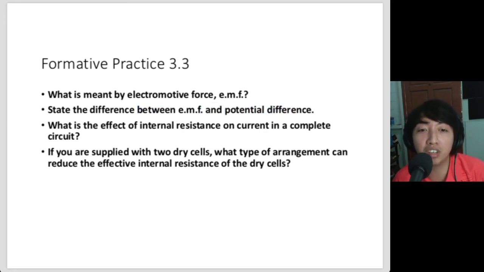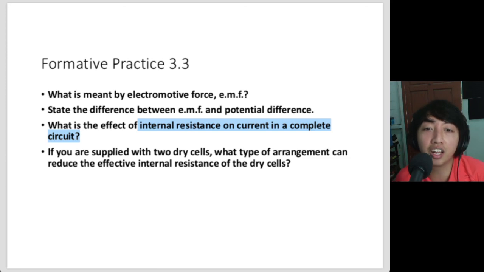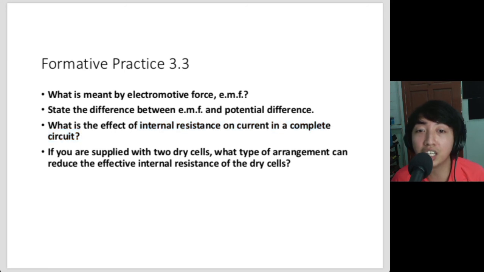What is the effect of internal resistance on current in a complete circuit? Internal resistance causes a voltage drop, and reducing the voltage also causes the current to be reduced. The last one: if you are supplied with two dry cells, what type of arrangement can reduce the effective internal resistance?